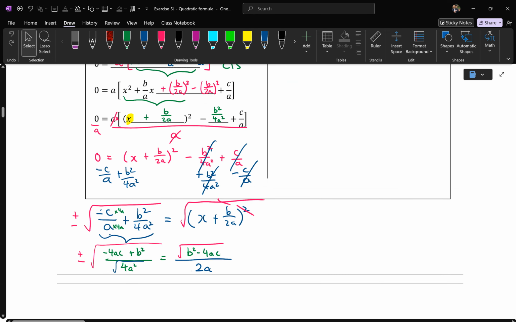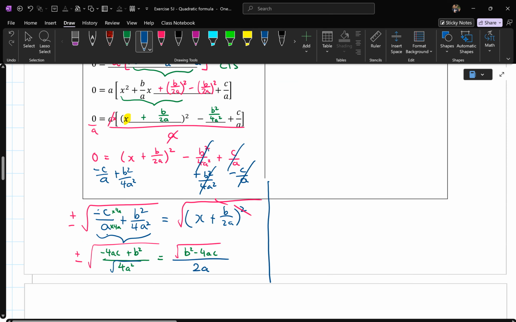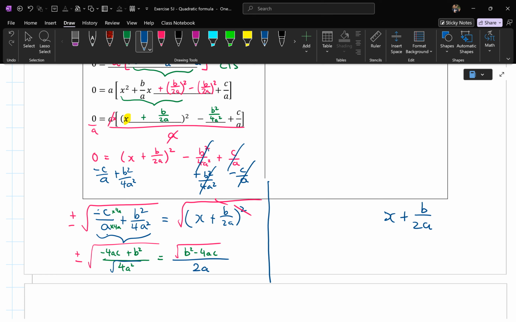Let's put it all together. Once you've square rooted both sides, on the right side you've got x plus b over 2a. The left side, we've simplified it to square root. Remember, plus or minus? b squared minus 4ac all over 2a. And you're almost there. Bring this one across now.